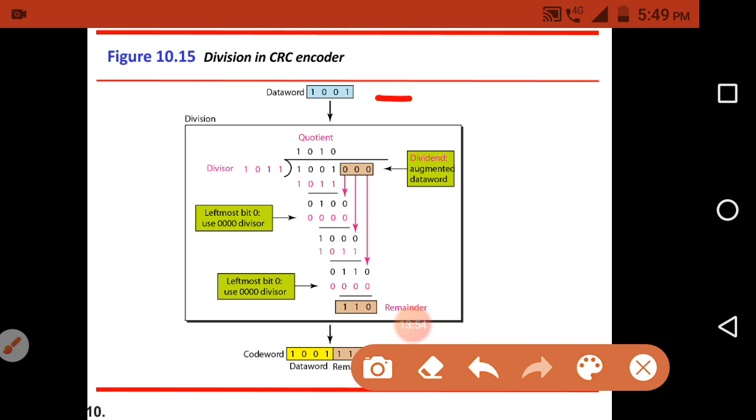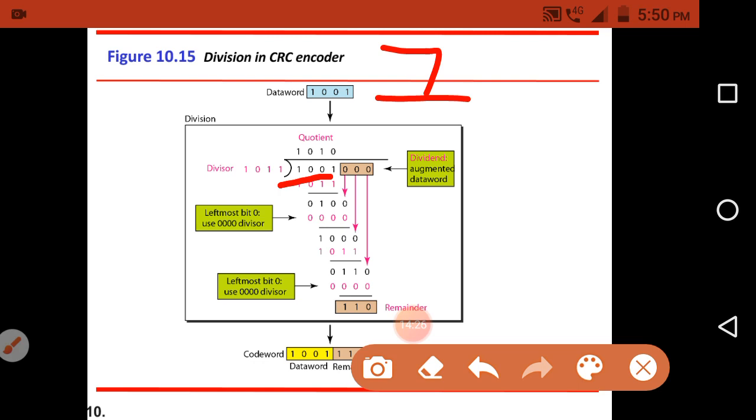Here the data word is 1001, and you have to consider the code word size, which will be 7. So 1001 we have to use as a dividend, that is, 1001 followed by 000 is the dividend here.